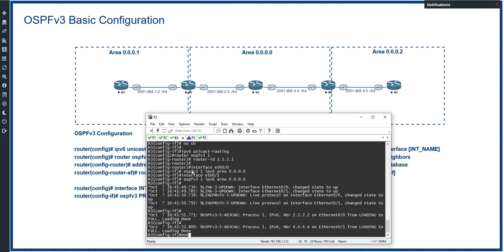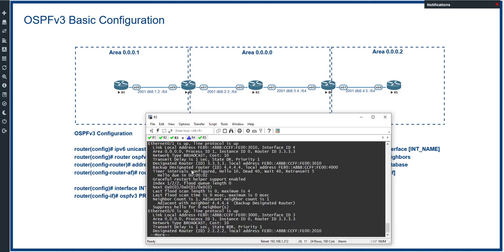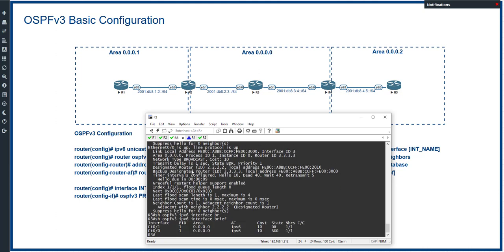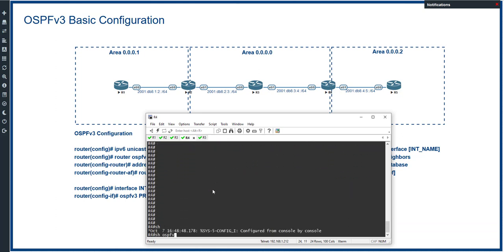In the router 3, let me show you. Show OSPFv3 IPv6 interface brief. As you can see, here we have ETH00 and ETH01. Both of them are members of area 0. And then in router 4, show OSPFv3 IPv6 interface brief.